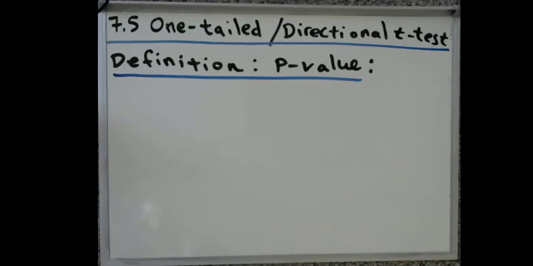In this video, we're going to discuss a variant of the t-test in which the alternative hypothesis is directional, also known as one-tailed. To begin, I think it would be useful to remind ourselves of the definition of the p-value. The p-value is a probability, right?